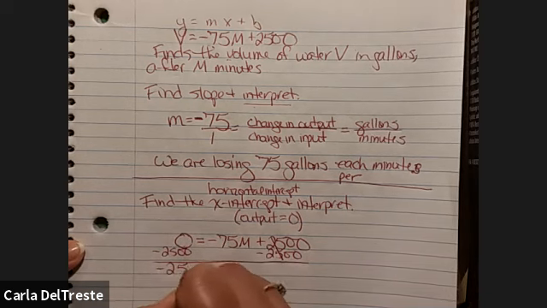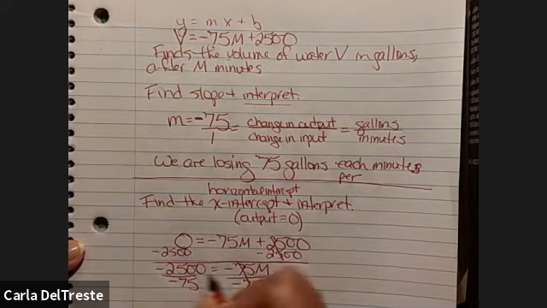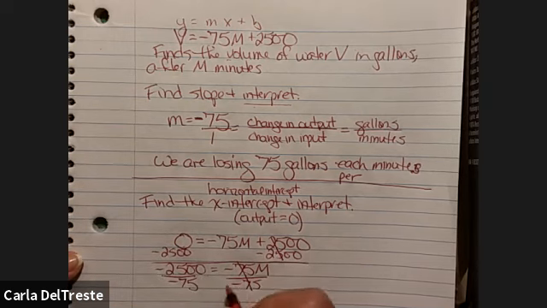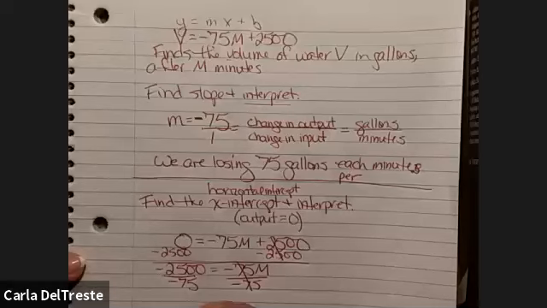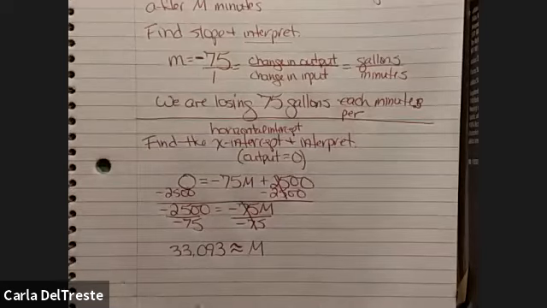So I have negative 2,500 equals negative 75m. And then divide by negative 75. And then this doesn't come out to be a pretty number. This comes out to be 33.093, which is approximate. I'm rounding this. So that's approximately my M.